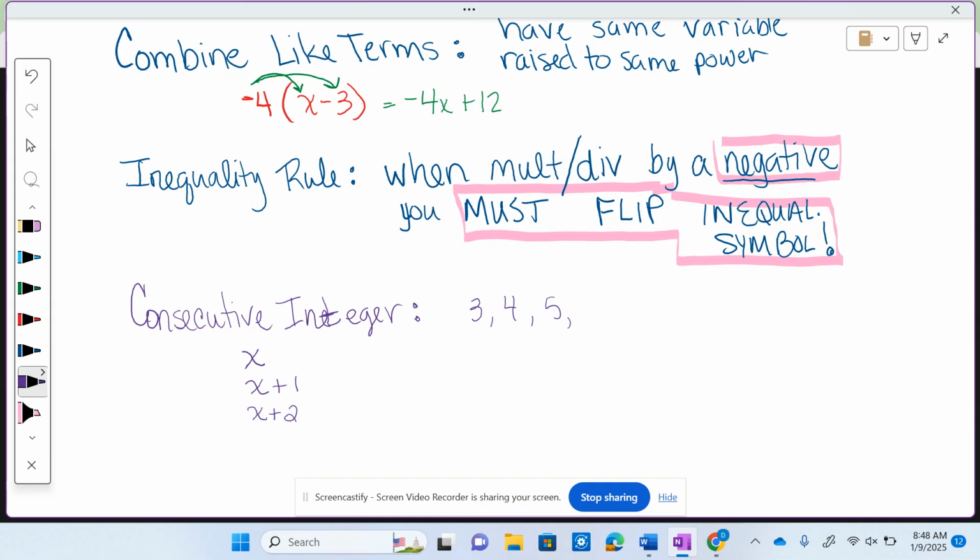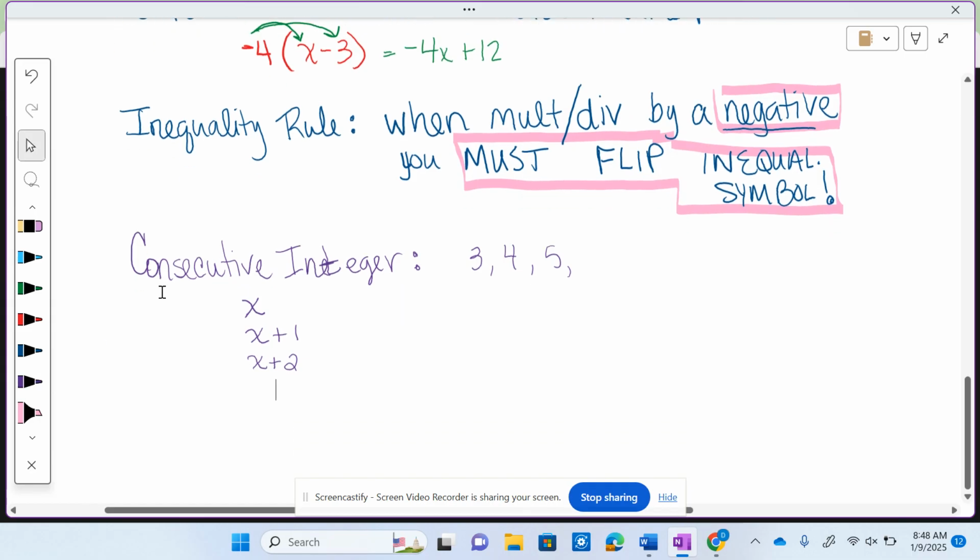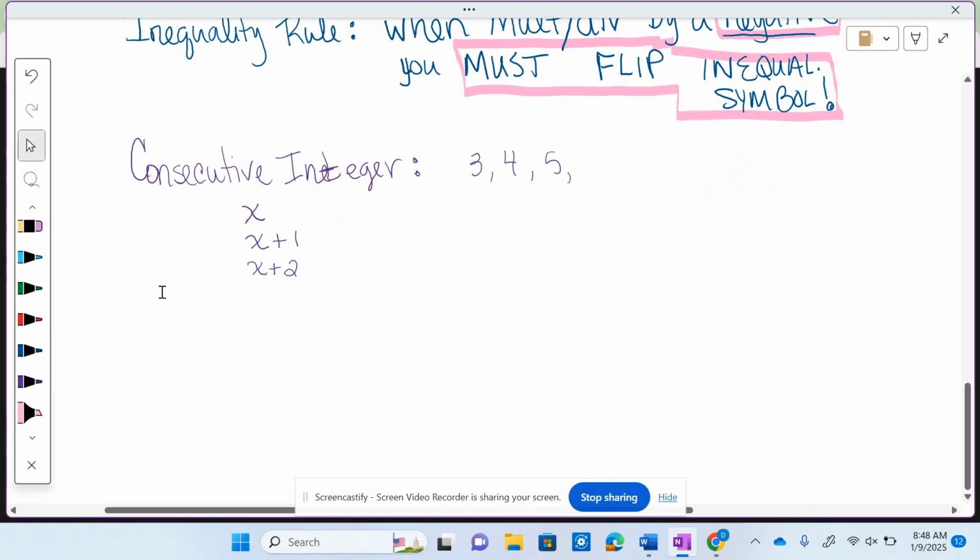Okay, last one is cost, revenue, and break even. Cost is money you spend to start.